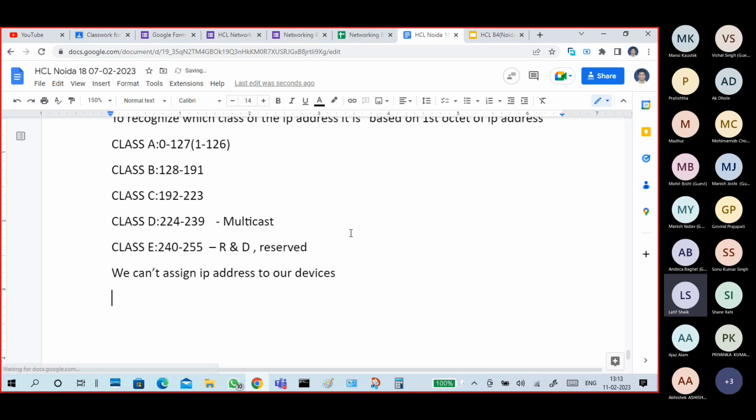Devices or NICs. Okay. What are those things? 0.0.0.0 is a reserved IP address used by certain protocols like DHCP and default routing.